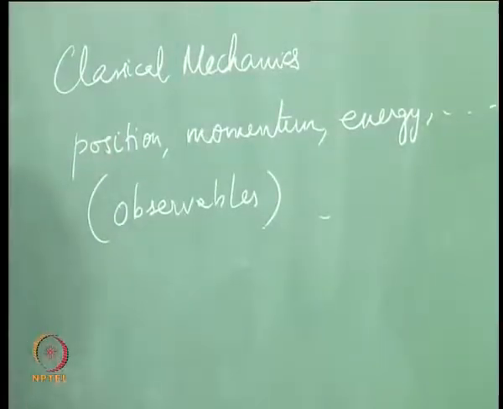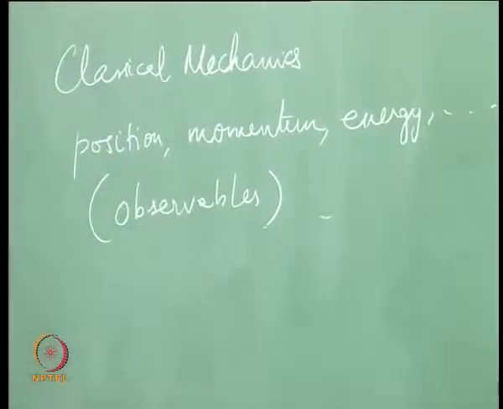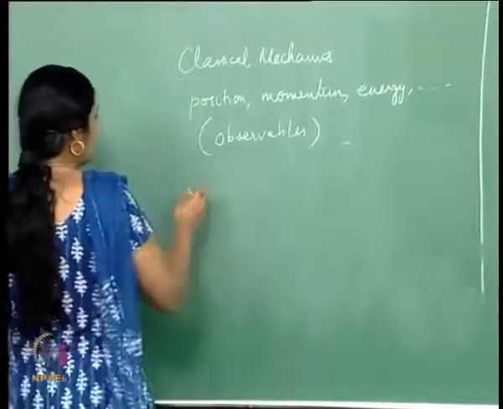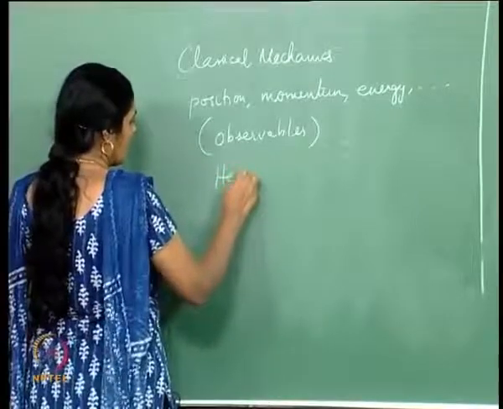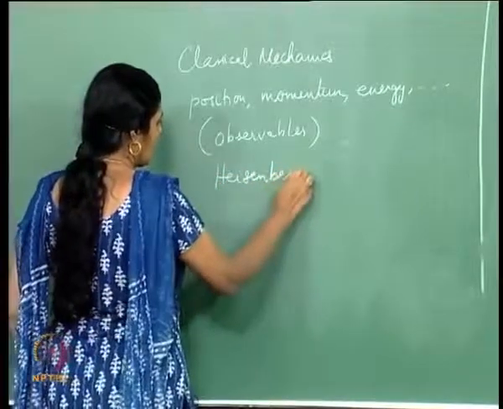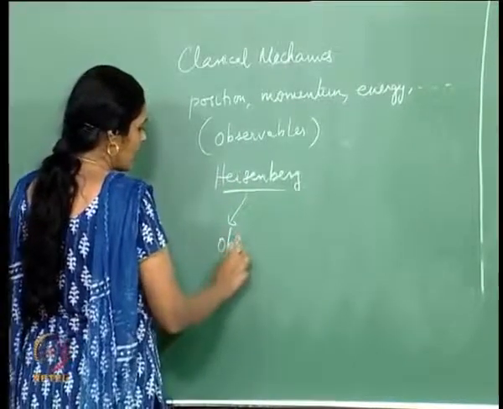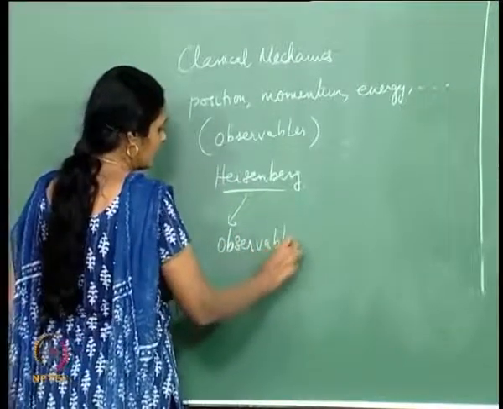In principle, a clever experiment on any physical system should be able to tell us what is the value of observables, and in quantum mechanics, Heisenberg said that observables are represented by matrices.